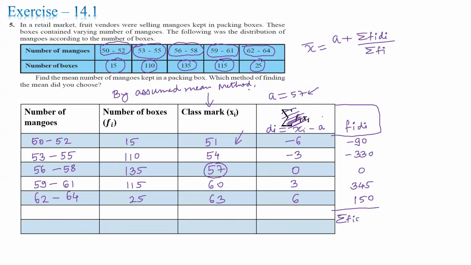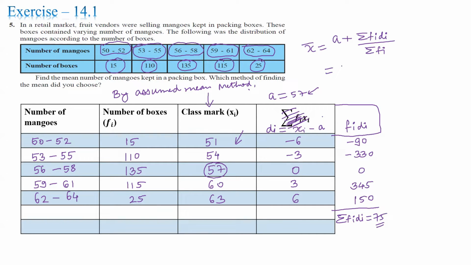That will be your summation of fi di. How much does it come? It is coming 75.